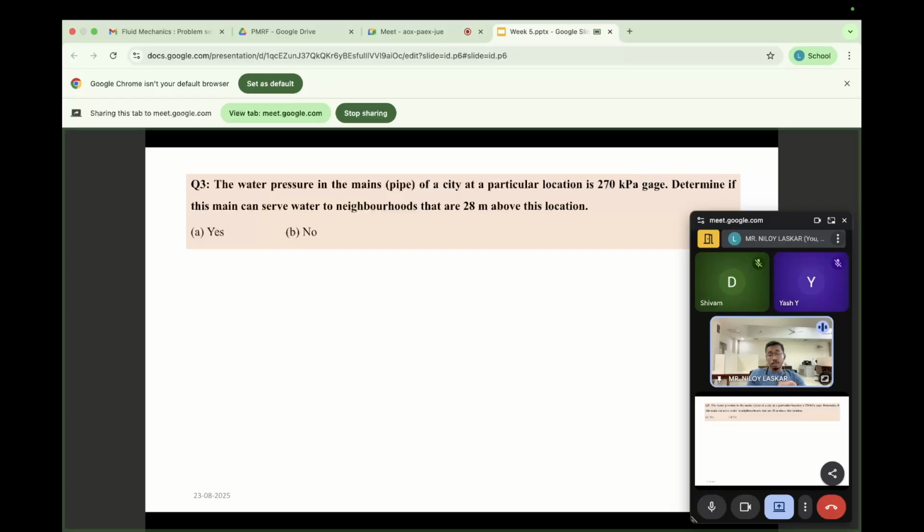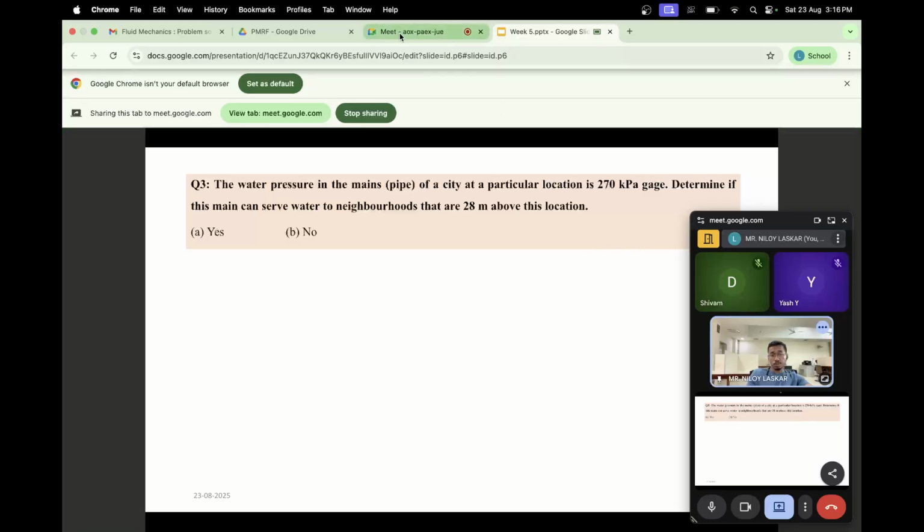You are asked to determine if this main can serve water to a neighborhood that is 28 meters above this location. You need to check whether a place that is 28 meters above the main pipeline will get water or not. This is similar to the first question, so please use the concept and try to solve.